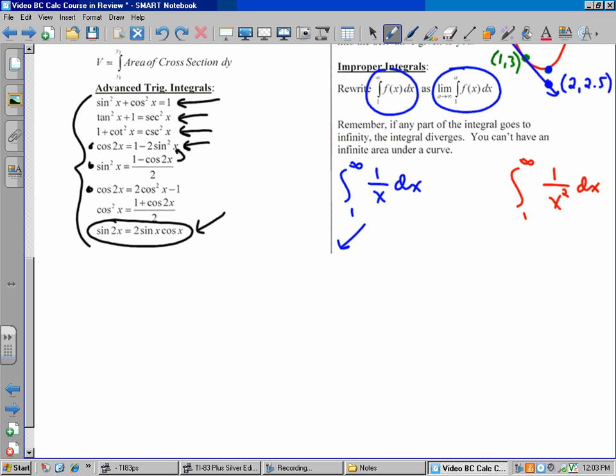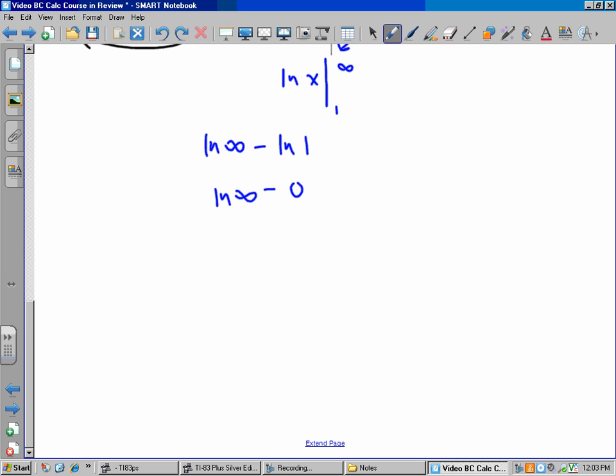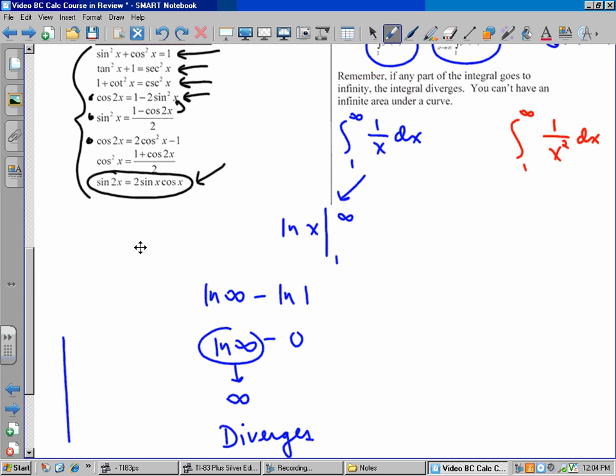When I integrate 1 over x from 1 to infinity, that integrates to the natural log of the absolute value of x from 1 to infinity. When I plug in the natural log of infinity minus the natural log of 1, the natural log of 1 is 0, but the natural log of infinity goes to infinity. So we say that this integral diverges, because the natural log of infinity is too big.